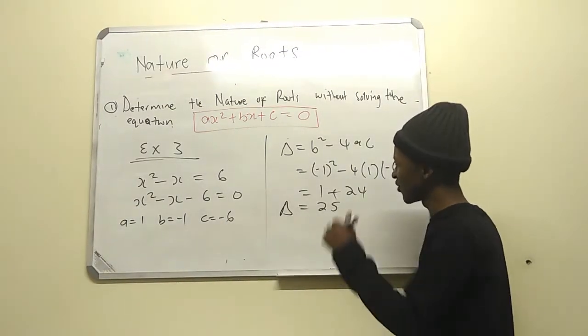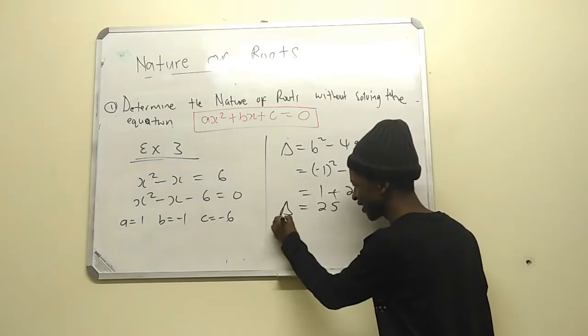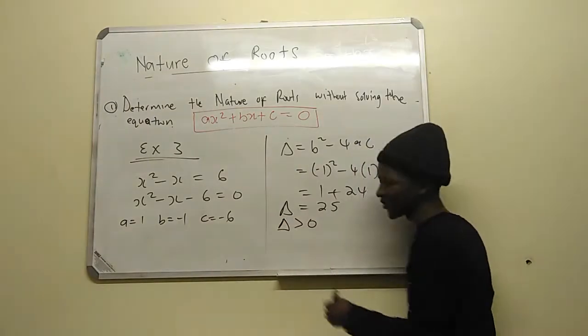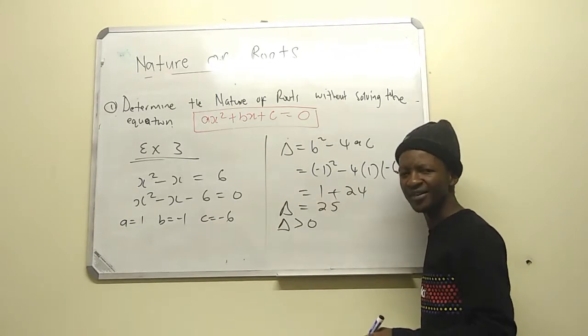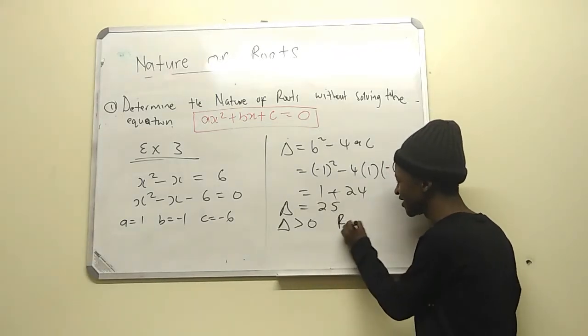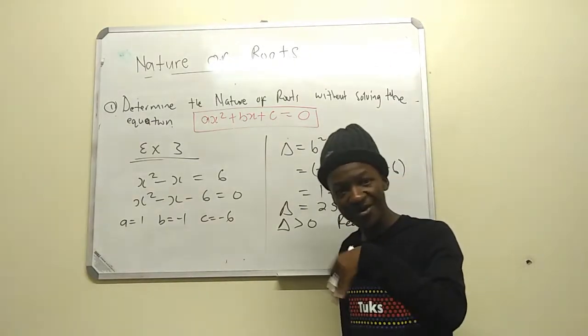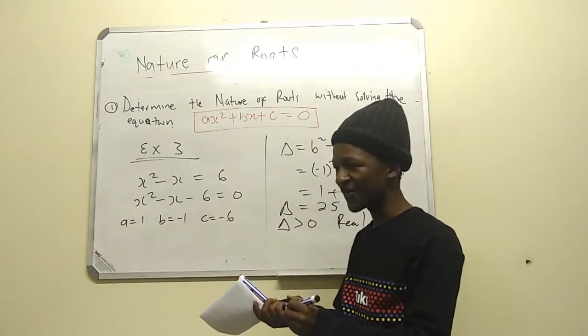So now let us discuss the nature of roots. Since my delta is greater than 0, it gives us real roots. But we know when we have real roots, we have to go further.